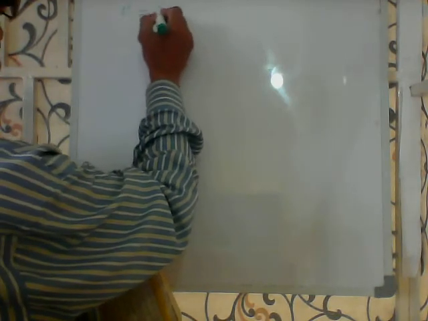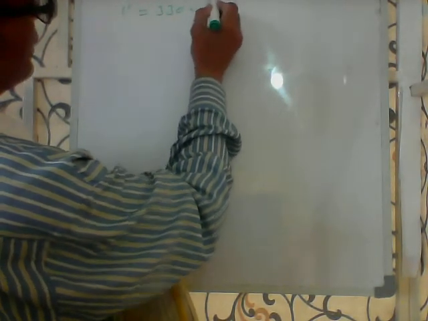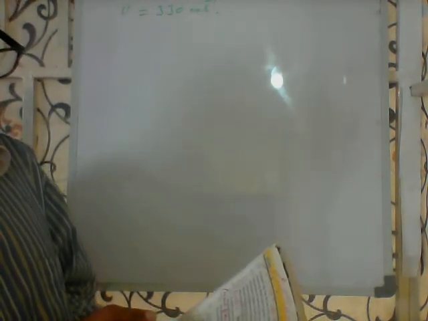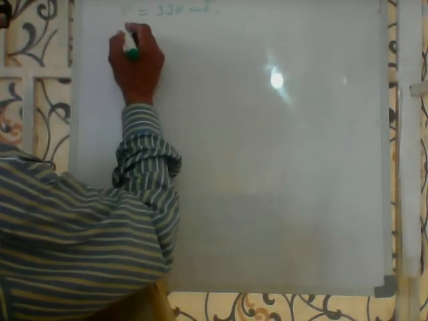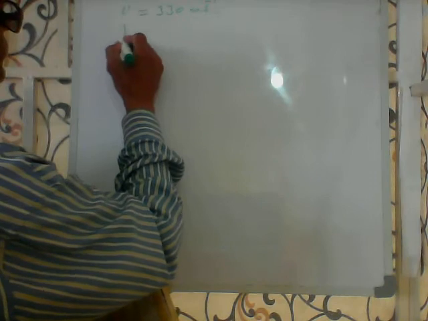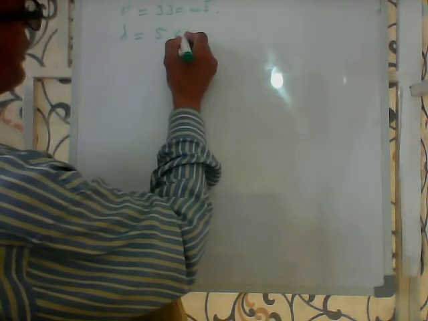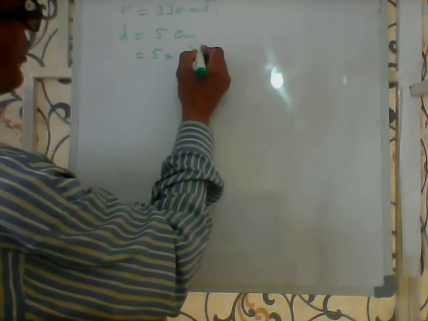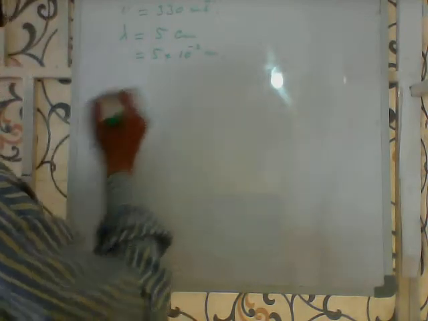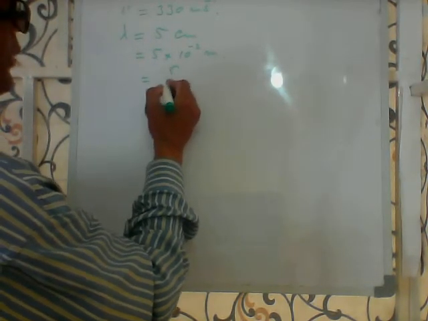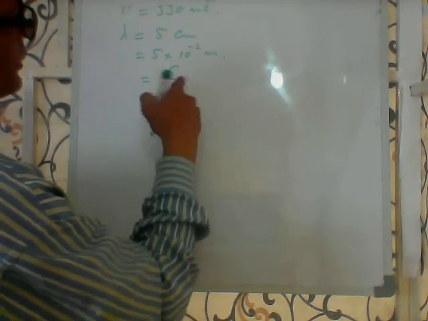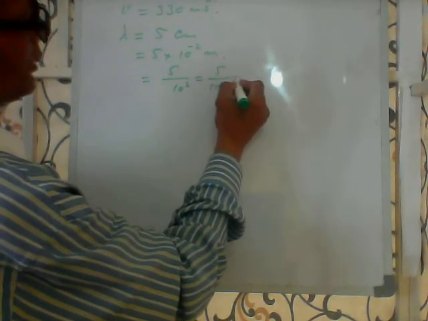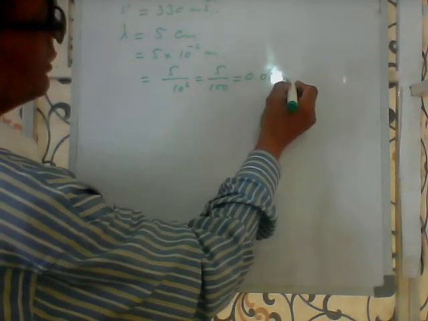If the wavelength of the note is 5 centimeter, convert it in meter: we get 5 into 10 to the power minus 2 meter, or 5 divided by 100, which is 0.05 meter.